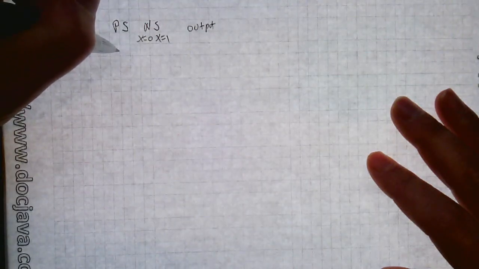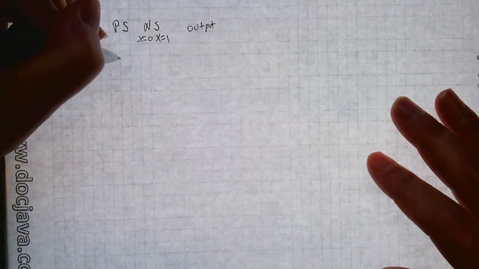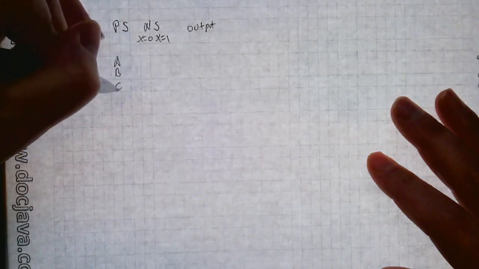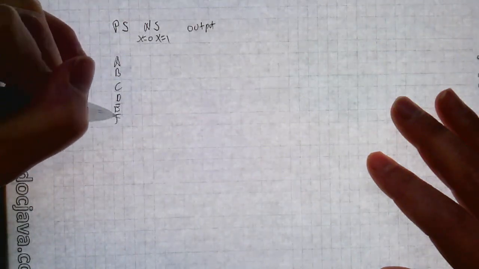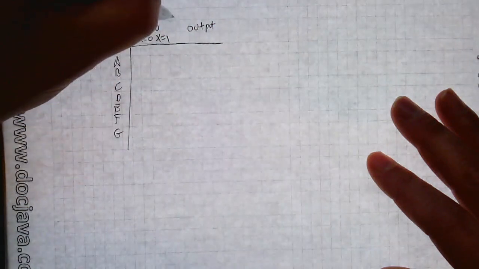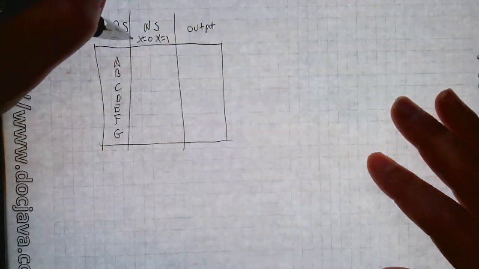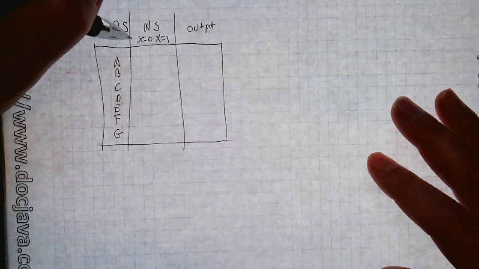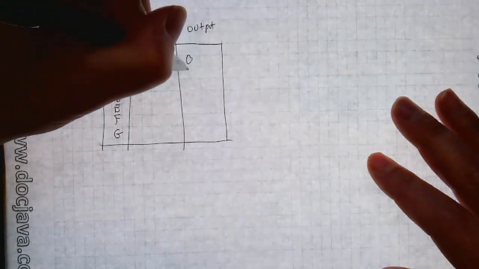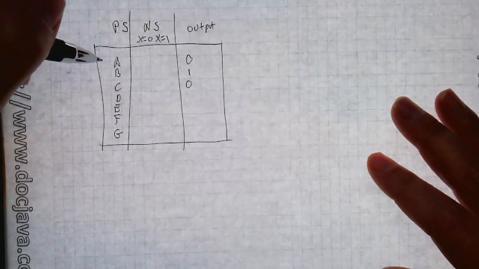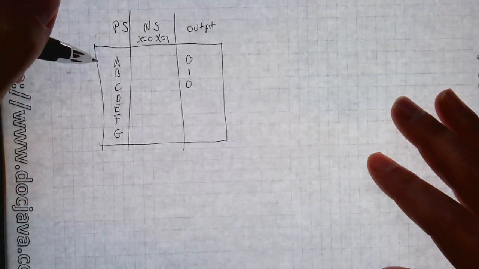The states are A, B, C, D, E, F, and G. The outputs for A through G are 0, 1, 0, 0, 0, 0, 0.